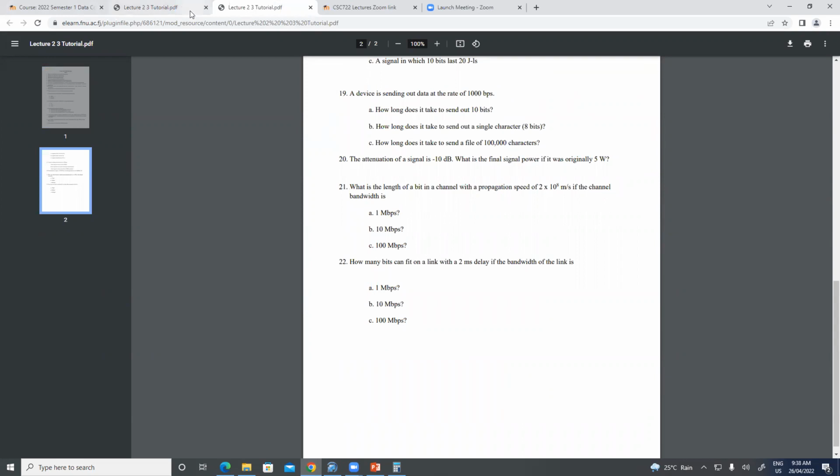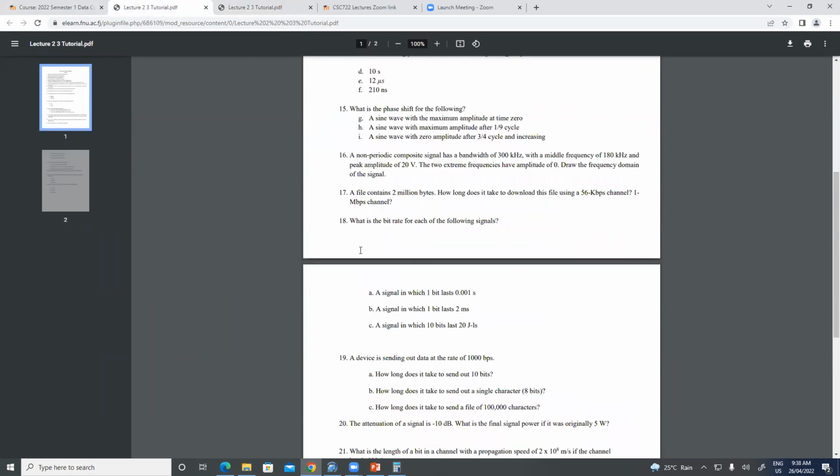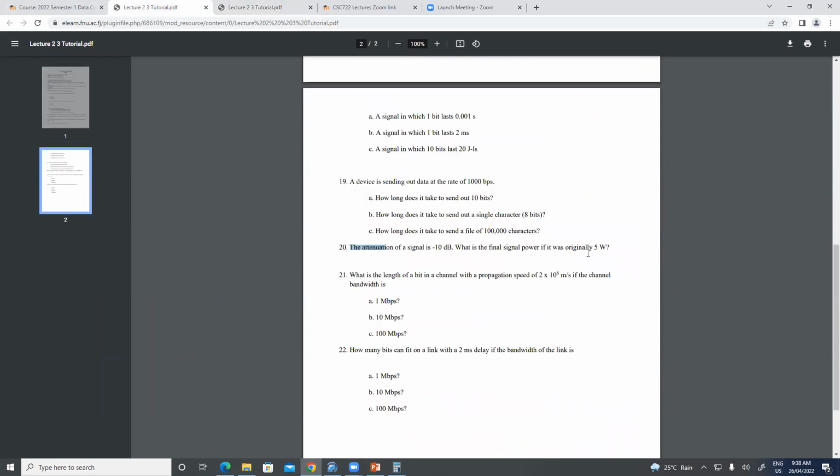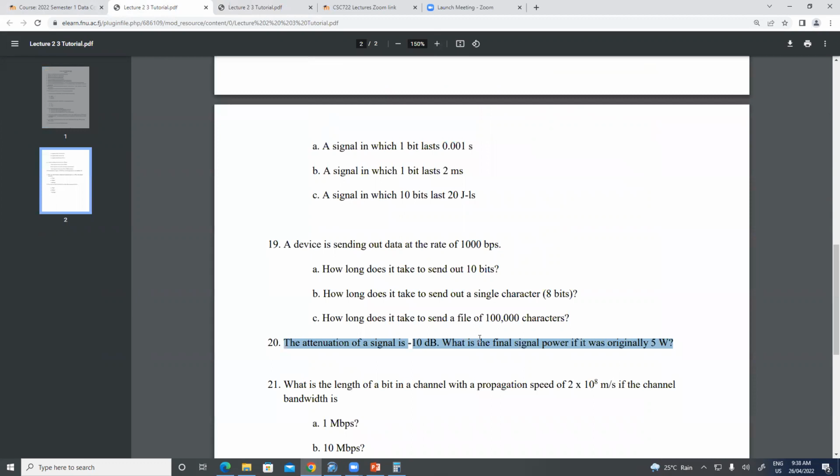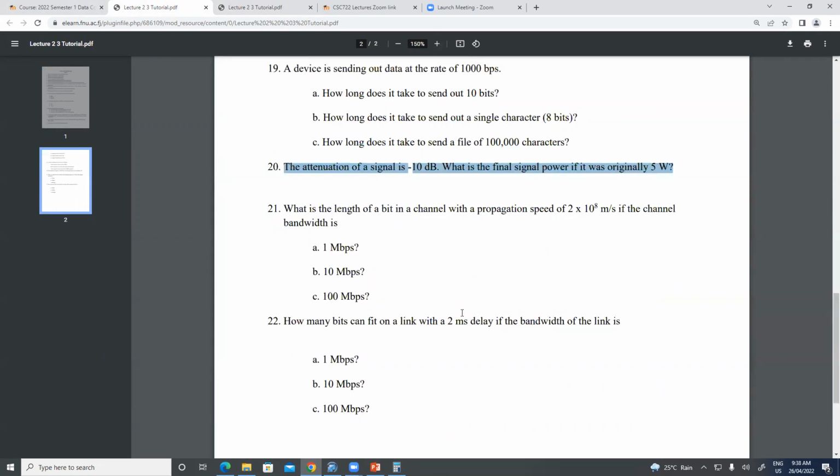Okay, there is one question there, question 20 itself. This one. I want you to do this one in your exercise book, using the formula here.